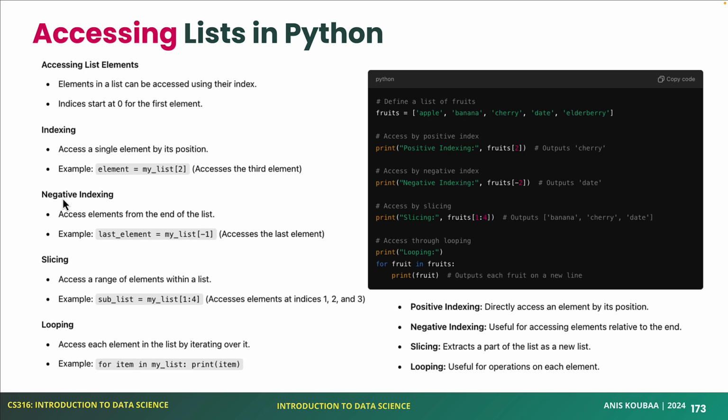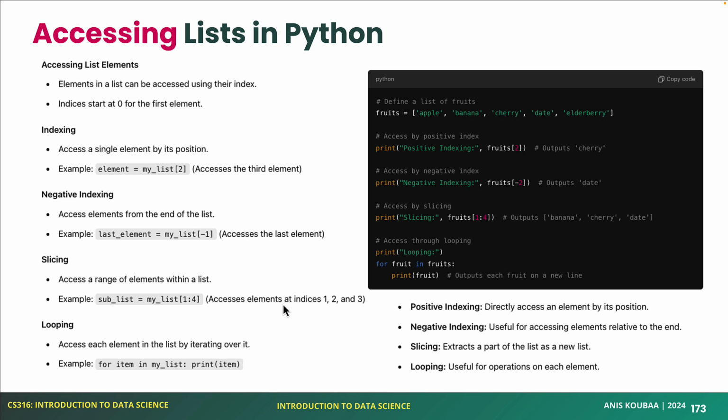We can also use negative indexing. So negative indexing is going to access from the last element. So my list minus 1 is going to return the last element. Minus 2 is the second element from the last. Okay, negative indexing allows you to access the end of the list.